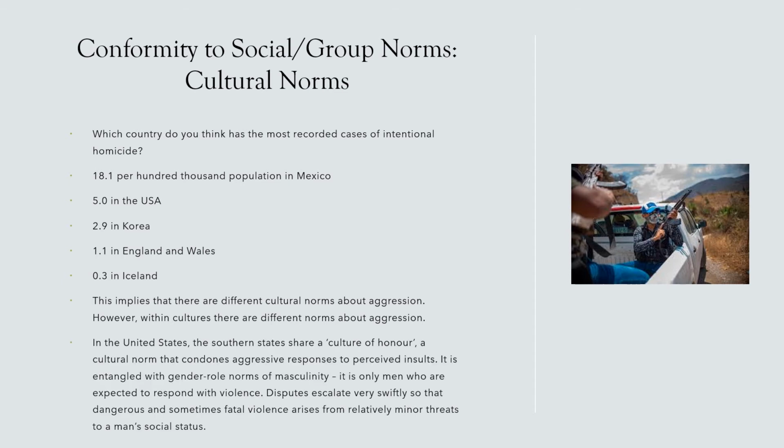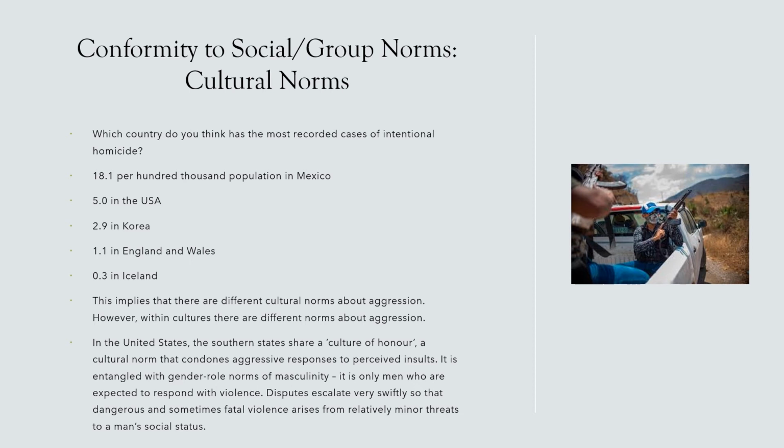For example, in the United States, the southern states share something called culture of honor. This is basically a cultural norm that has been adopted for a long time, and it condones aggressive responses to perceived insults. So if someone insults you, you are allowed, and in fact you are expected, to act aggressively towards that if you feel like someone has insulted you.